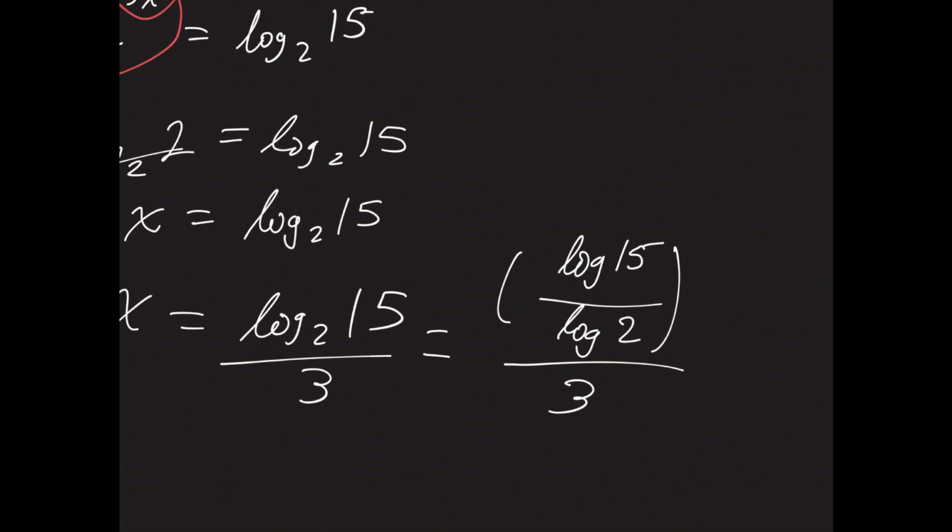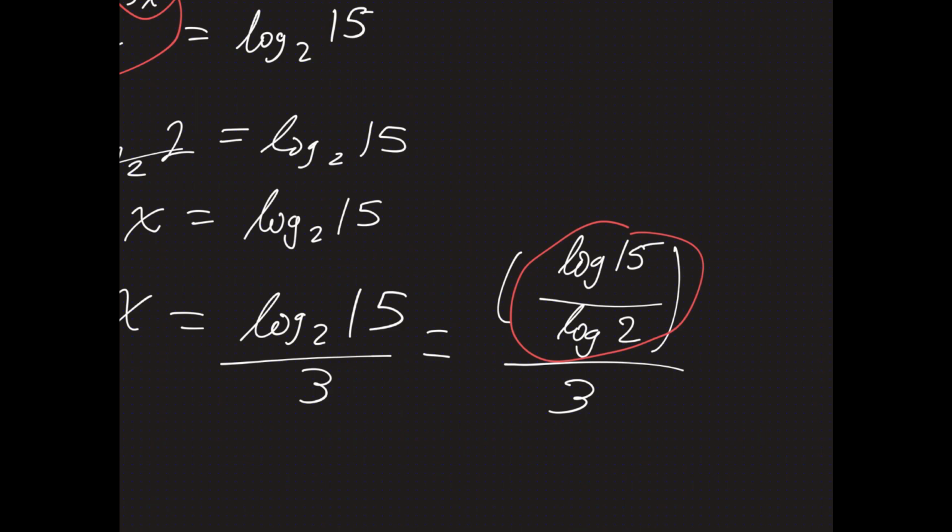So in your calculator, you plug in log of 15, then divide it by log of 2, hit equals, and whatever that equals, keep it the same. Don't clear it, don't move anything, and then just hit divided by 3, and that'll give you your solution. Of course, it's going to be an irrational number. It's not going to be a whole number. Usually it's not. That's why we're using our calculator in the first place. And that's how you plug it into your calculator.